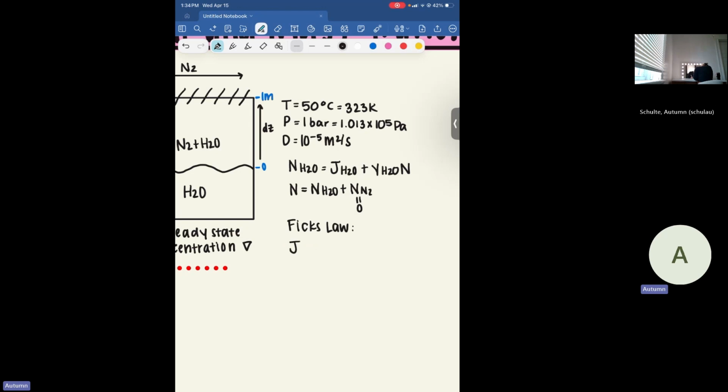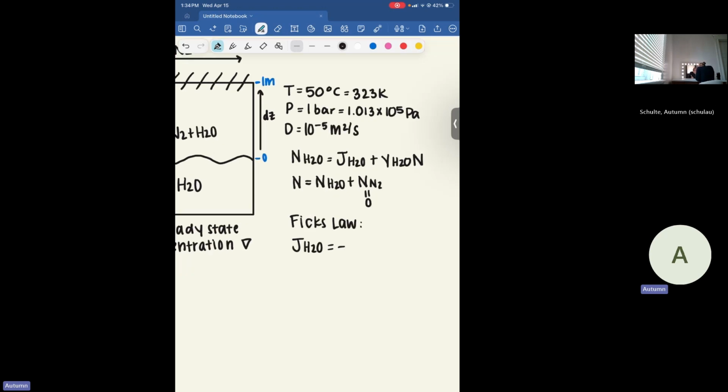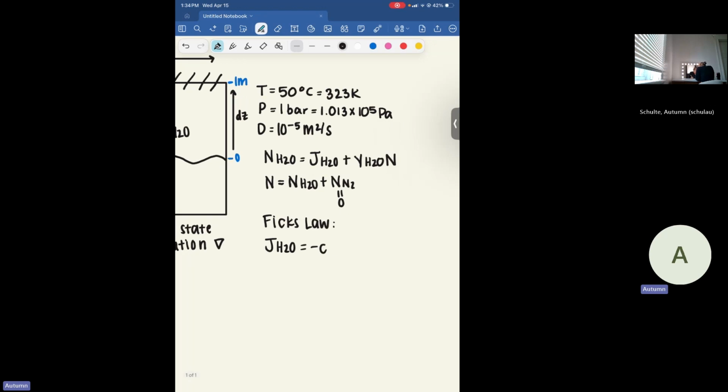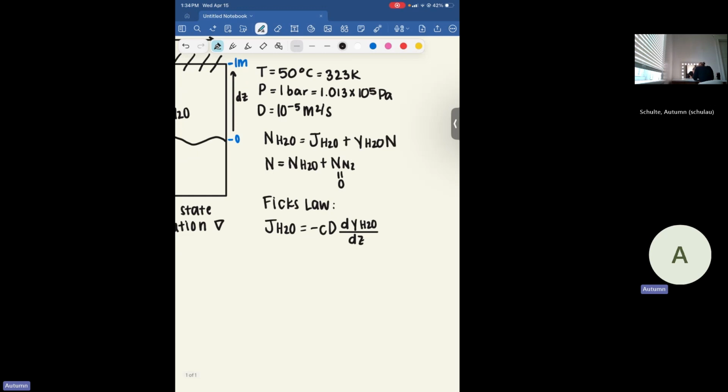We can also write out our equation for Fick's law. So that was the molar diffusive flux of water, since we're concerned with our water. And this was equal to the negative overall concentration multiplied by our diffusion coefficient, multiplied by the derivative of the mole fraction of water with respect to our z position. Now we can plug in what we know. So we know our value for n now, and we can plug in a value for our molar diffusive flux of water.